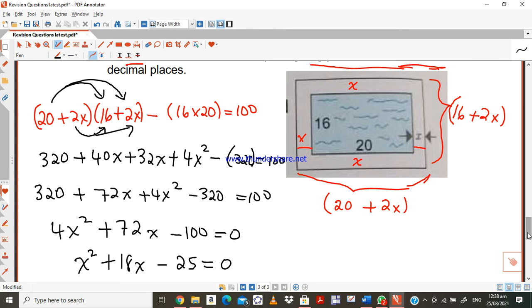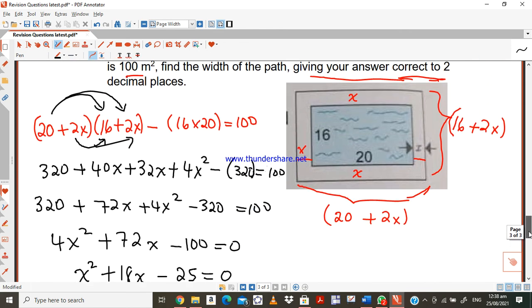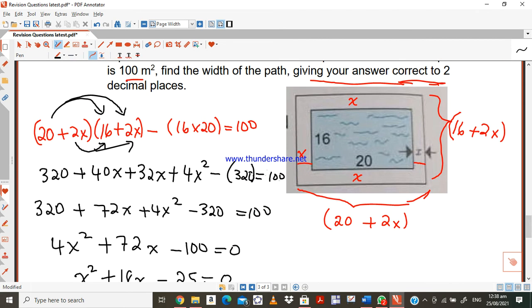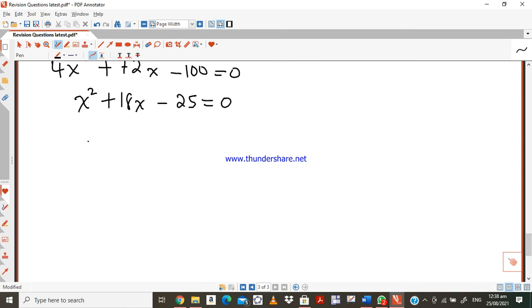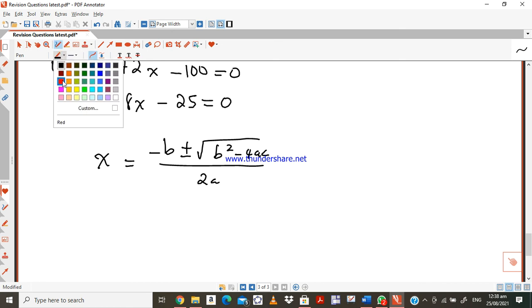Now, this is a quadratic equation which we will not factorize because we have been told we are supposed to give the answer correct to 2 decimal places. So this is perhaps where you now use the quadratic equation formula, and I hope you still remember it. It's minus b plus or minus the root of b squared minus 4ac, everything upon 2a. So it's very important that you identify your values of a.